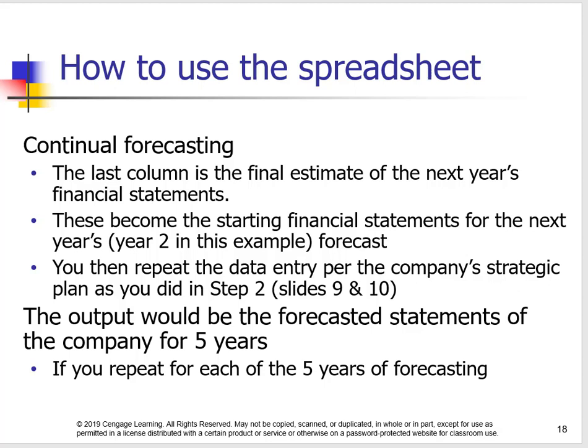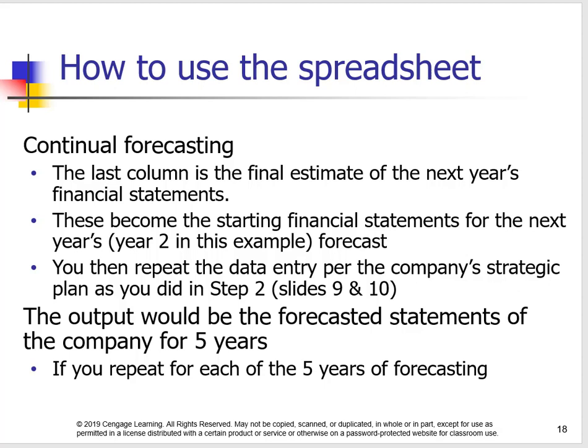So then we can say, okay, that's year one, forecast year one. Now let's predict what will happen in year two. So you apply the same process by looking at the variables, making changes or not making changes, and just repeat that so that you can see what will happen the next year.